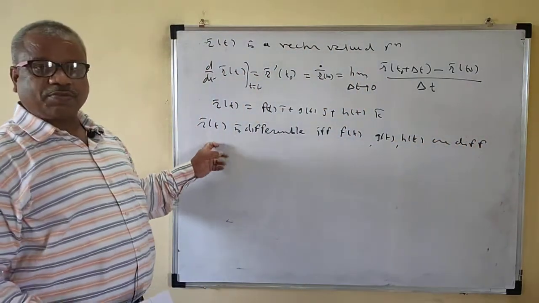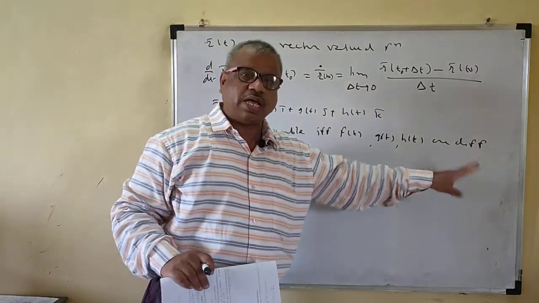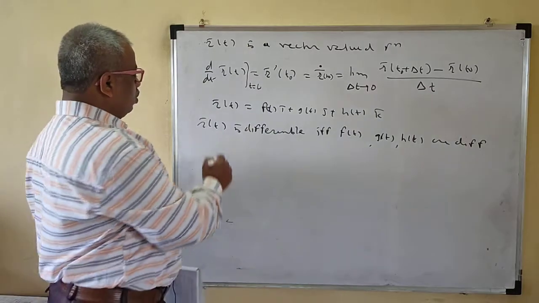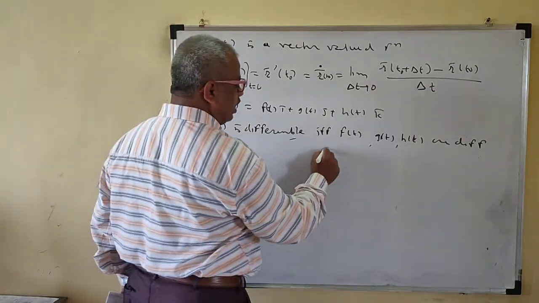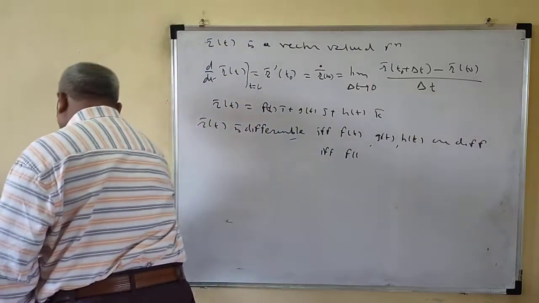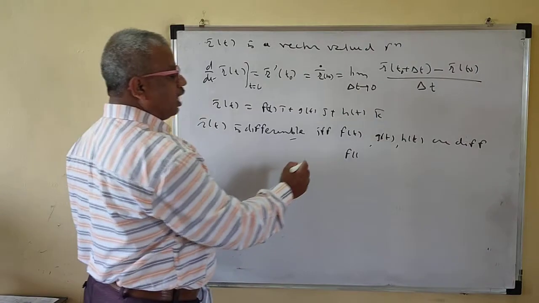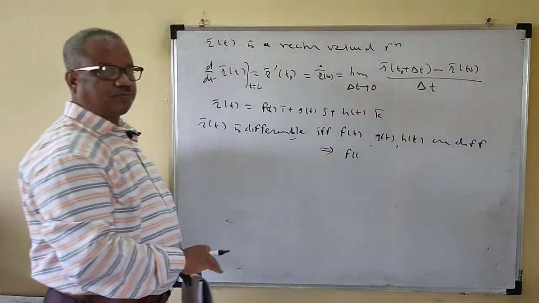That means r bar of t is differentiable at t is equal to t naught if and only if f of t, g of t, h of t are differentiable at t is equal to t naught.